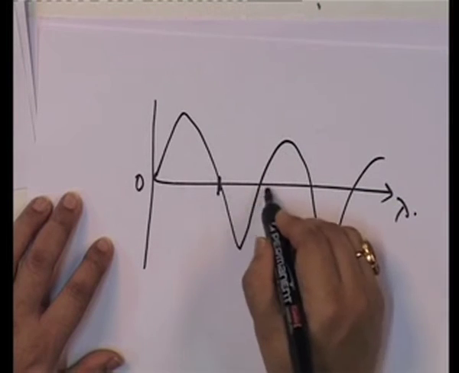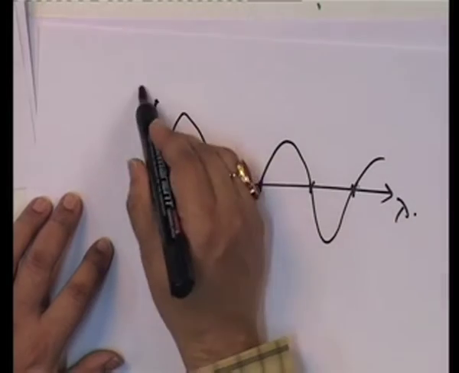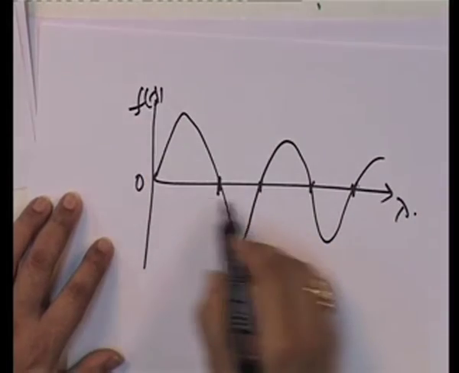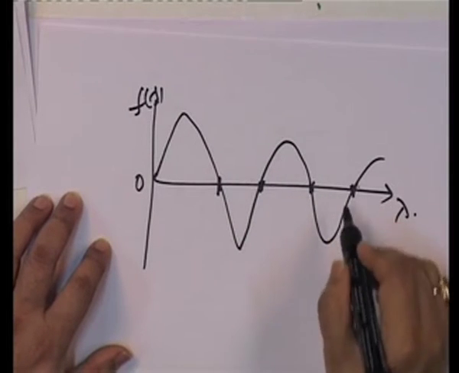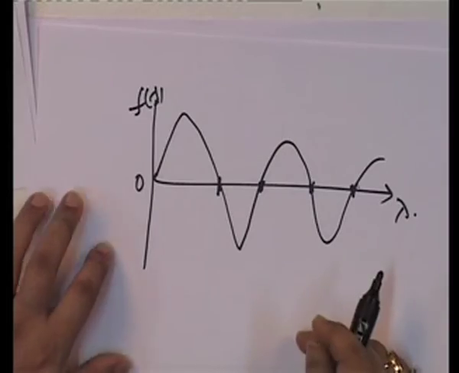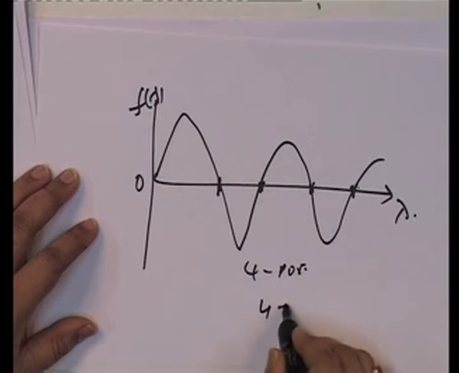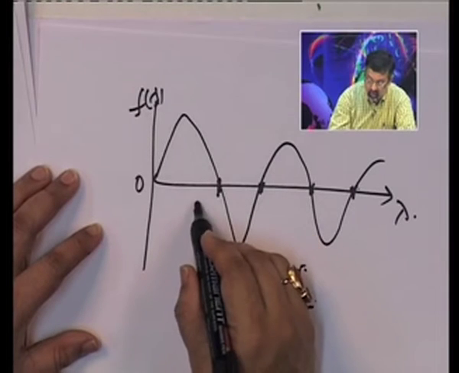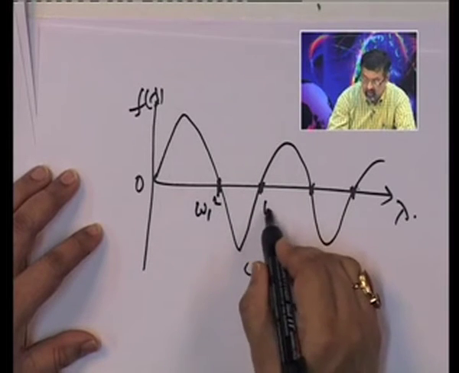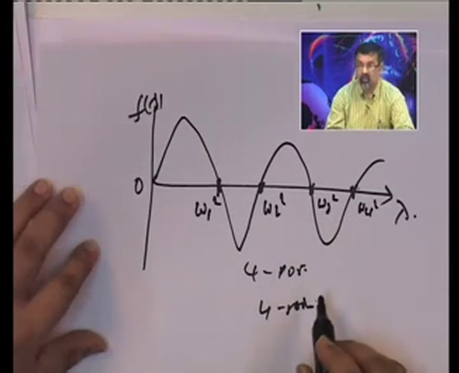What you are doing is finding out the roots of f lambda, where f lambda is equal to 0. This is a polynomial of order n, so there are going to be n roots. If it is 4 degrees of freedom, there will be 4 roots. This one is omega 1 squared, this one is omega 2 squared, this one is omega 3 squared, this one is omega 4 squared.